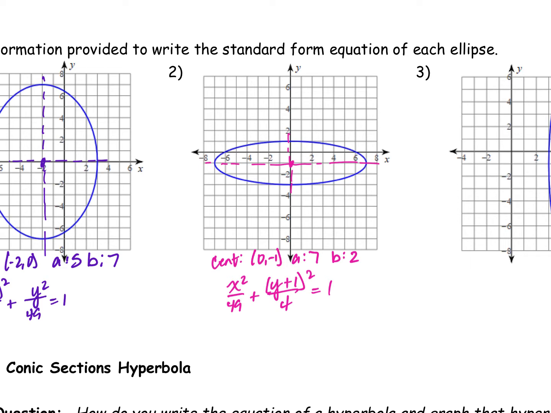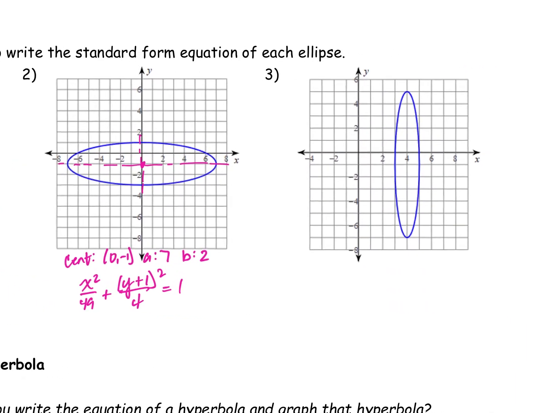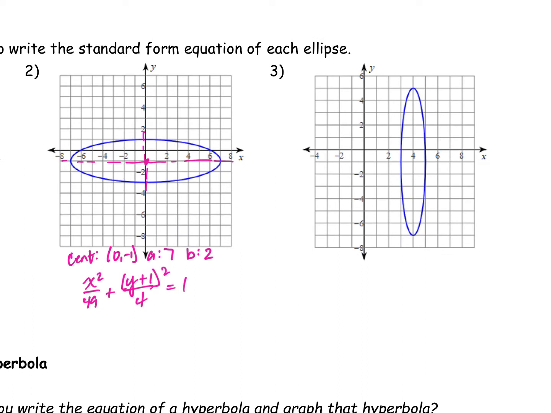And then for number 3, it looks like the center of my circle is right here. So my center is at 4, -1.